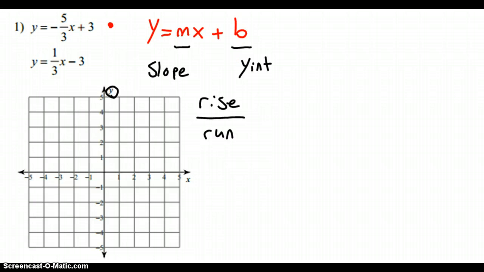So with that information in mind, let's graph these lines. When I'm looking at this first equation here, I see that it tells me to start at 3 on the y-axis. So there's our spot right there. Now for my slope, it tells me to go down 5 and to the right 3. So I'll go down 5, 1, 2, 3, 4, 5, and we'll go over 3.